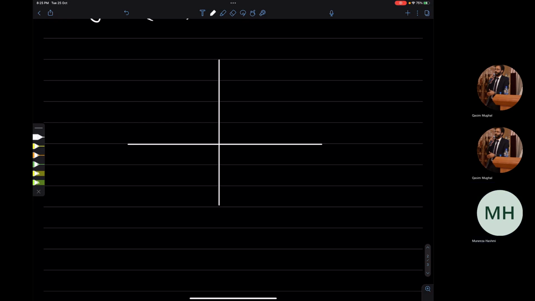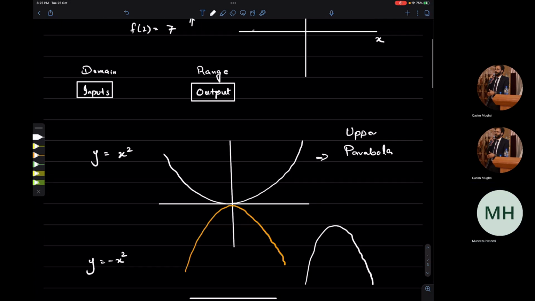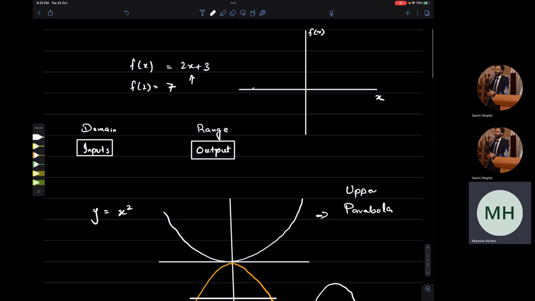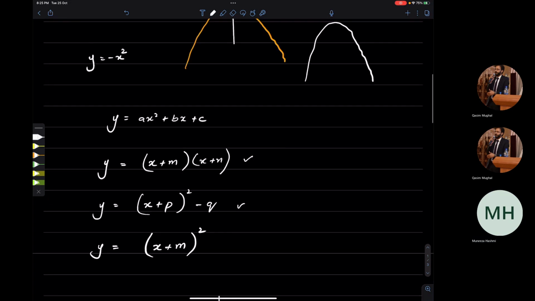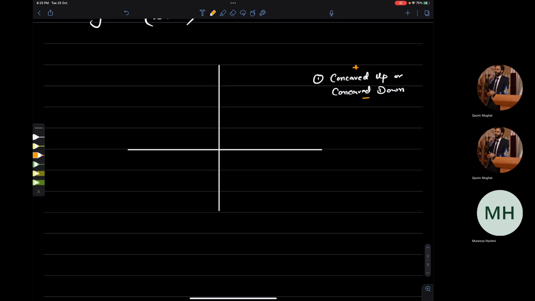What's important over here is, first of all, you need to understand whether it is concaved up or concaved down. That we have already discussed. That totally depends on the polarity of the squared term. If the polarity of the squared term is positive, it is going to be concaved up. If it's negative, then it is going to be concaved down. That's the very first thing which we are going to look into.